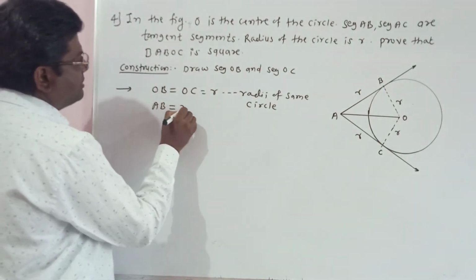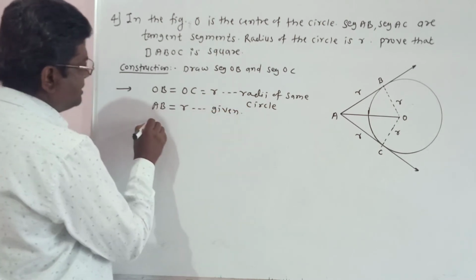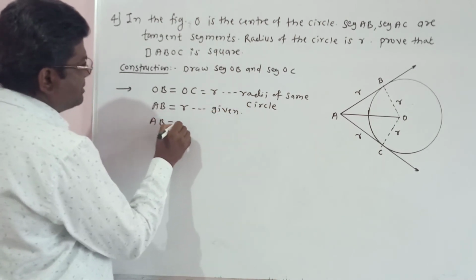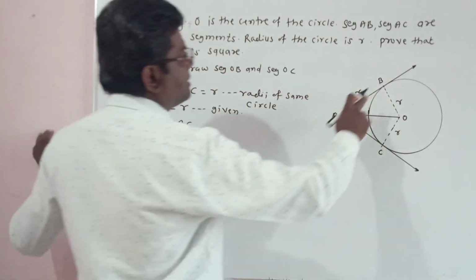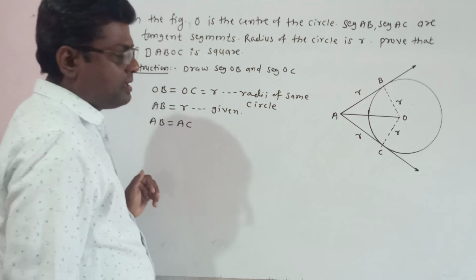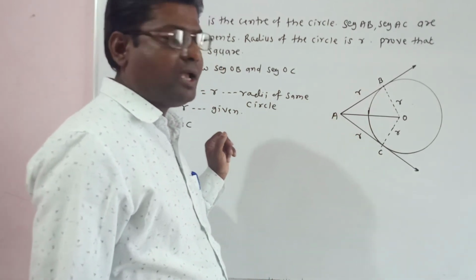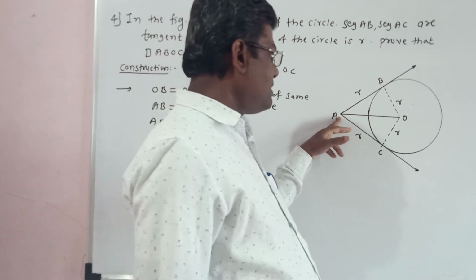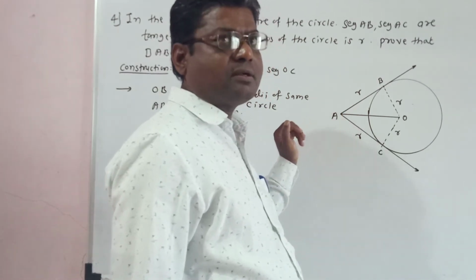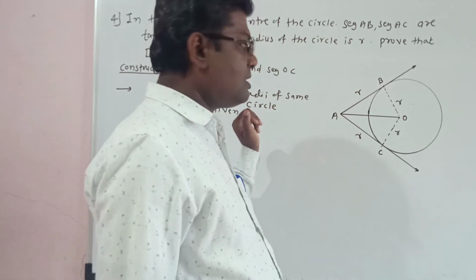AB is equal to R. It is given. Now AB is equal to AC. AB is a tangent segment from point A. AC is a tangent segment from point A. Tangent segments from the external point to any circle are congruent.